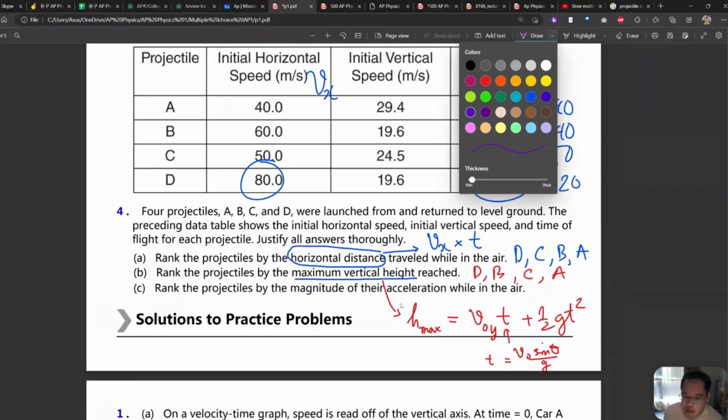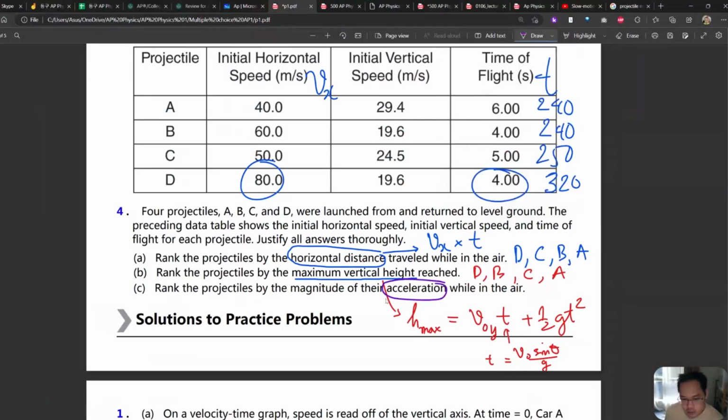The acceleration is the same, which is 9.8 meters per second squared downward.